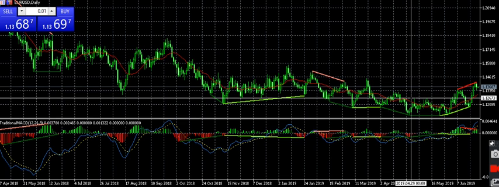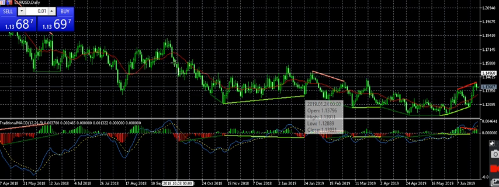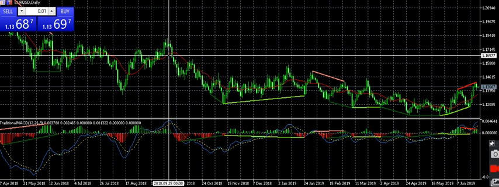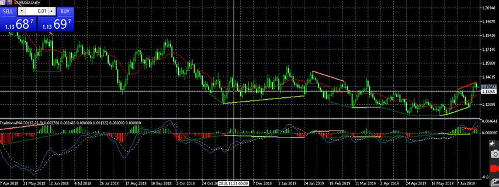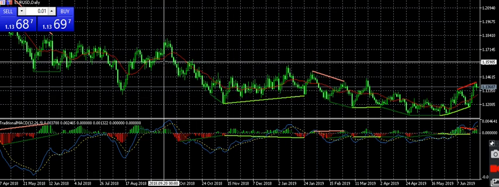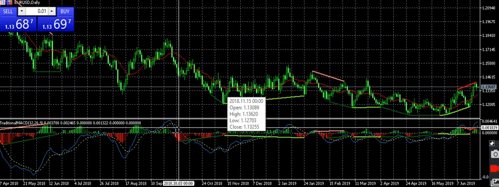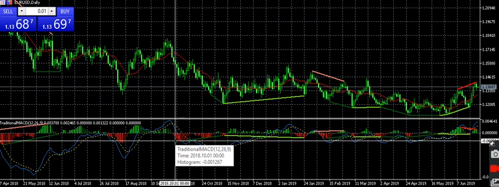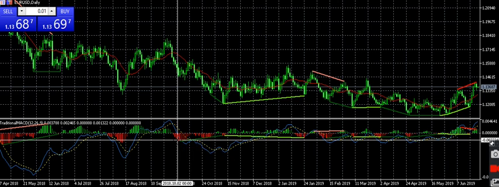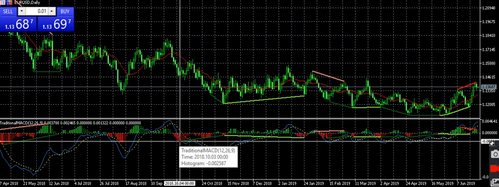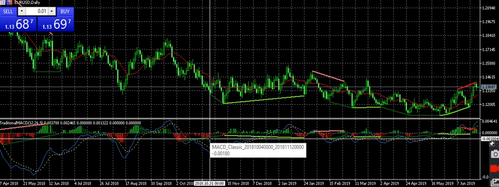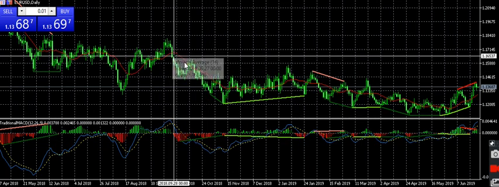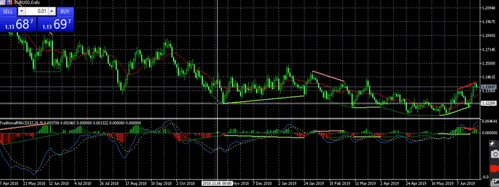So for instance, in this environment between September and November of 2018, we see price declines, and we also see that the red histogram has been tightening as this downwards environment has been unfolding.